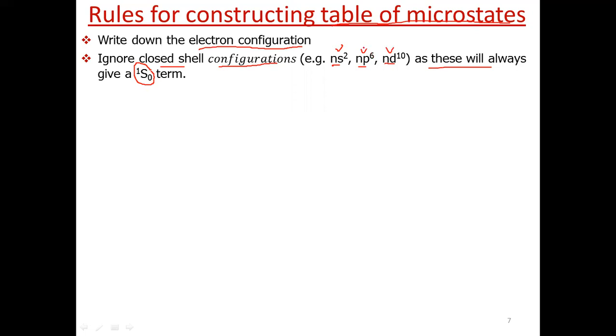I will do it for a p6 system. Let us try to calculate how this comes. A p6 system is like this: 2 electrons here, 2 electrons here, and 2 electrons here. Now capital ML: this orbital is plus 1, this is 0, this is minus 1.